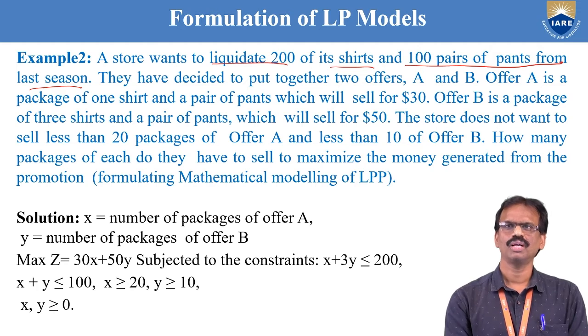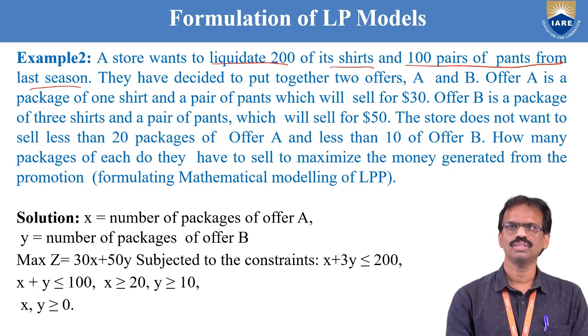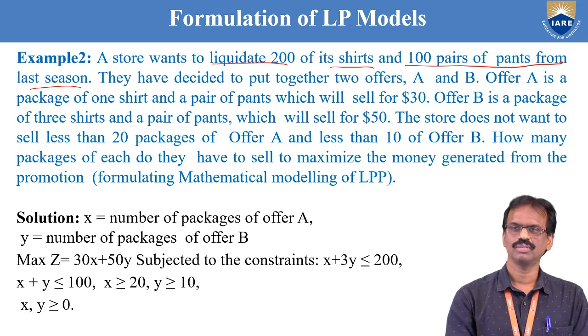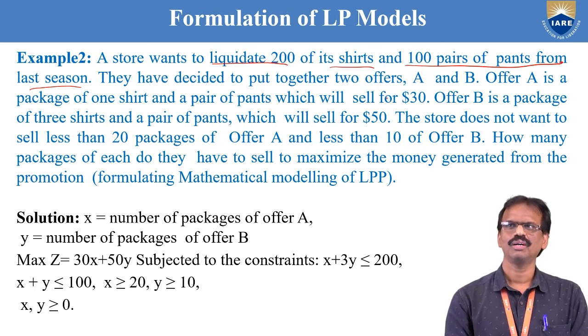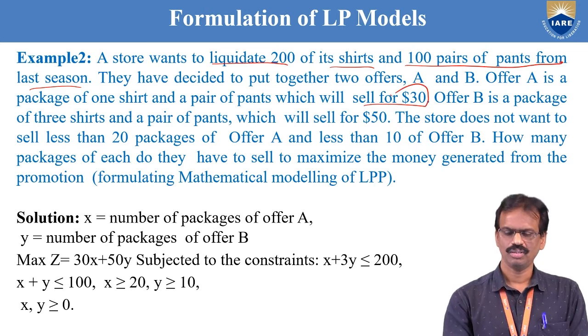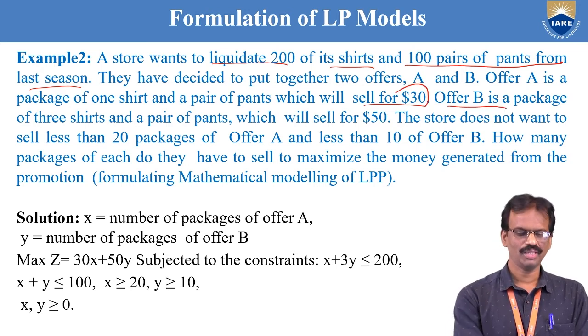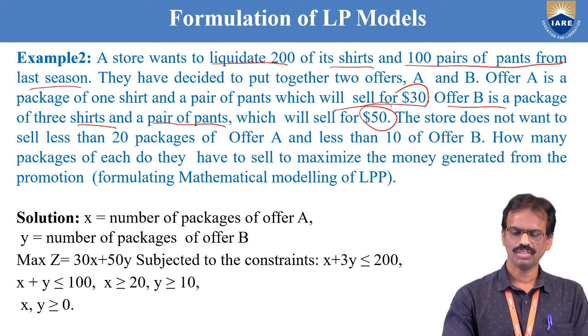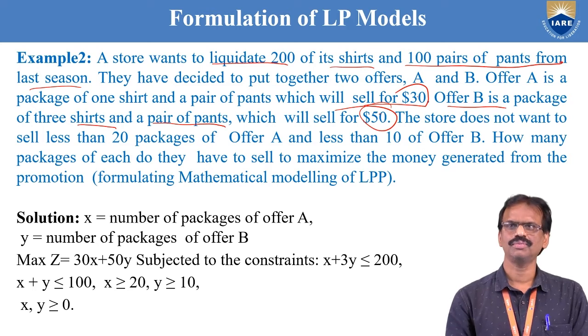They have decided to put together two offers, A and B. Offer A is a package of one shirt and a pair of pants, which costs $30, and offer B is a package of three shirts and a pair of pants, which costs $50.